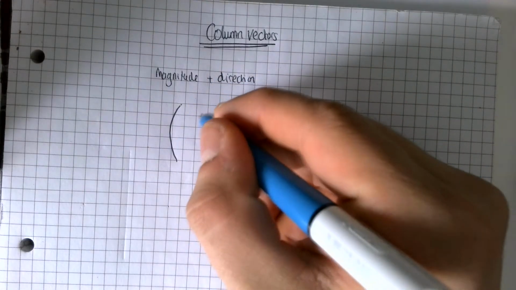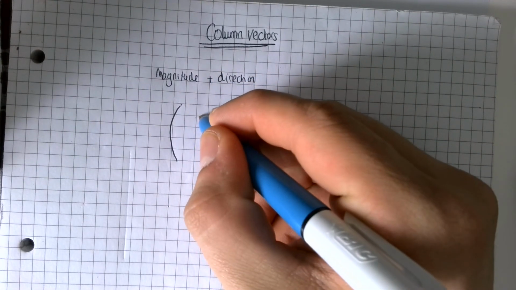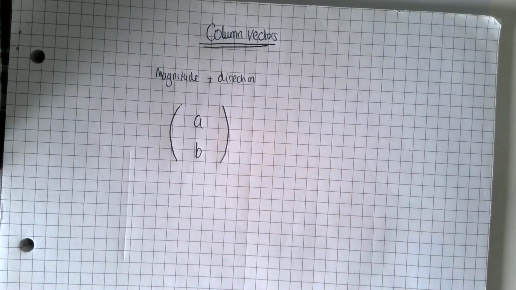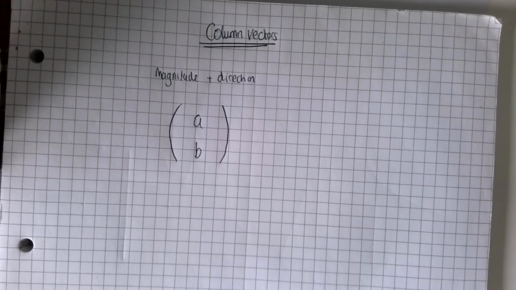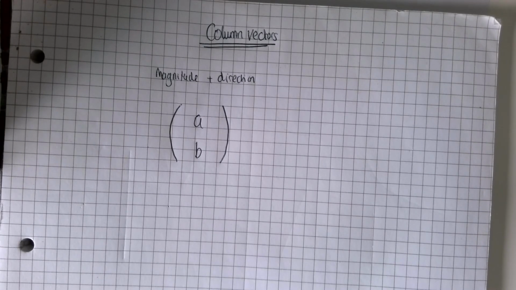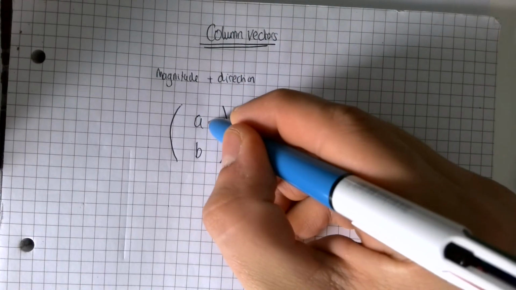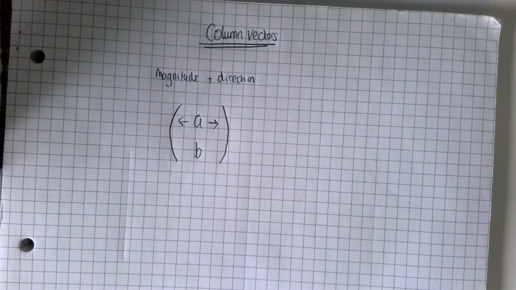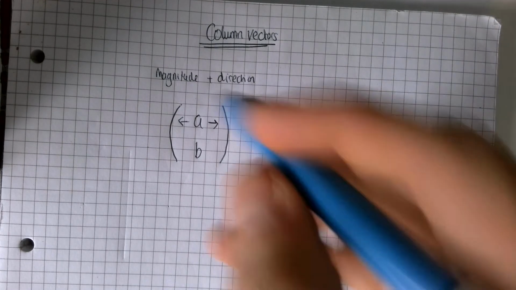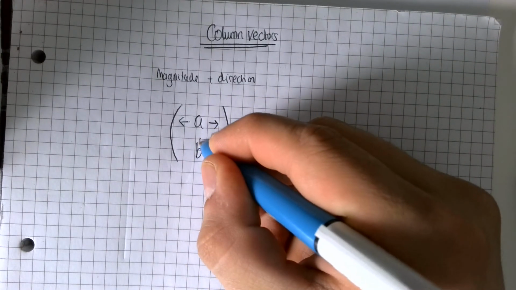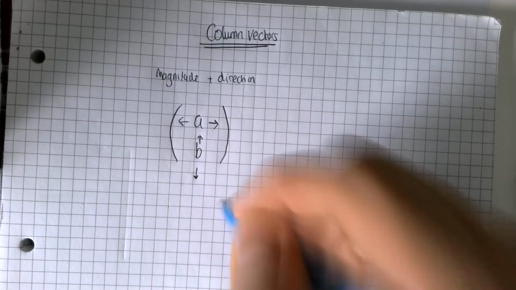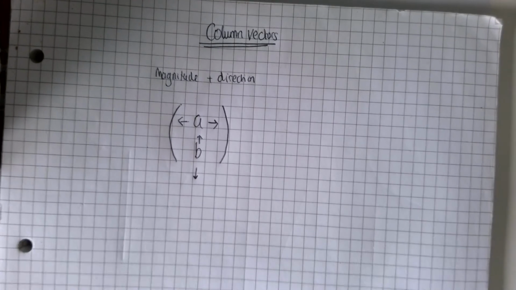So there's a number on the top, I'll just call that A, and a number on the bottom, which I'll call B. So the number on the top tells you how far either to the left or to the right you go. I appreciate I've just said those the wrong way around. And the number on the bottom tells you how far up or down this vector will be moving.